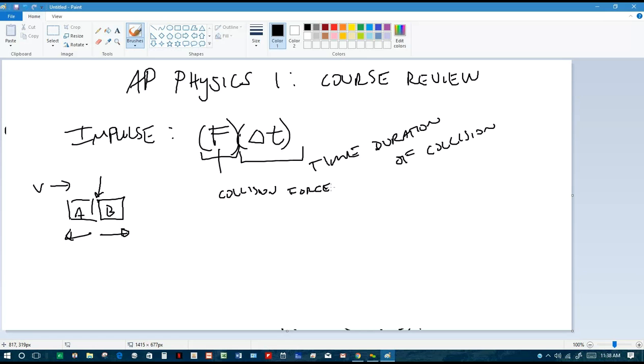It turns out that this quantity is equal to the change of momentum of either object, because both of their changes in momentum are equal. It has to be. That's the conservation law of momentum.